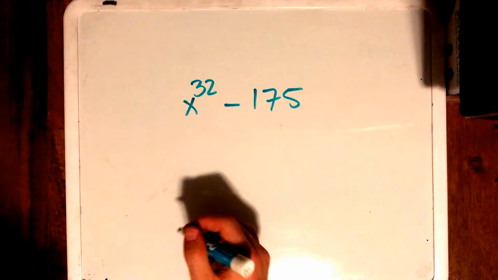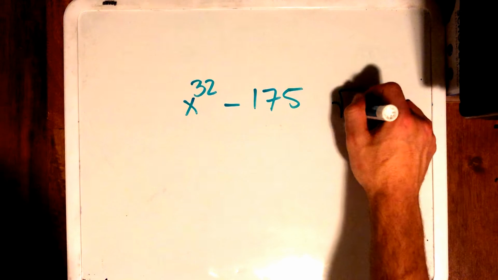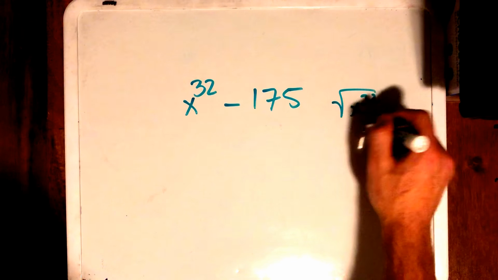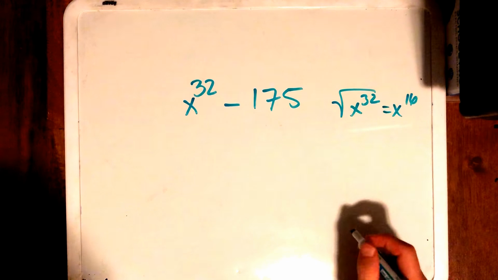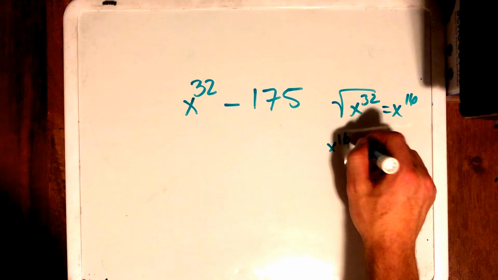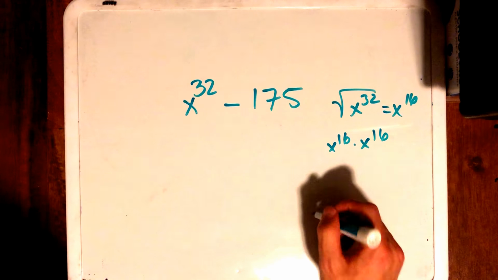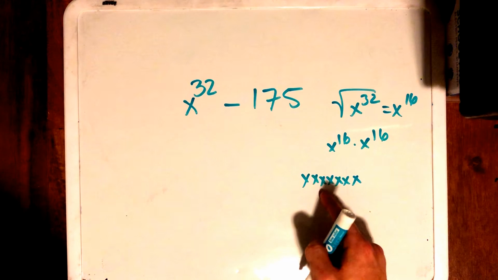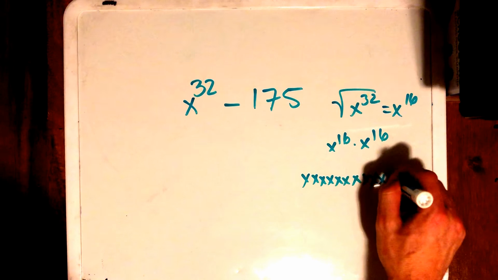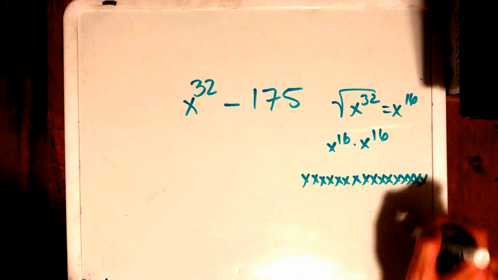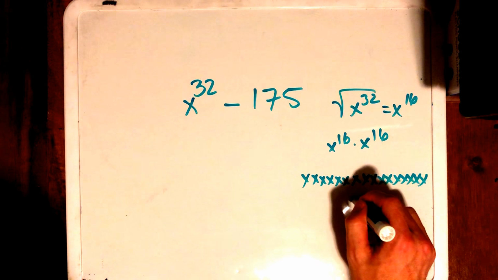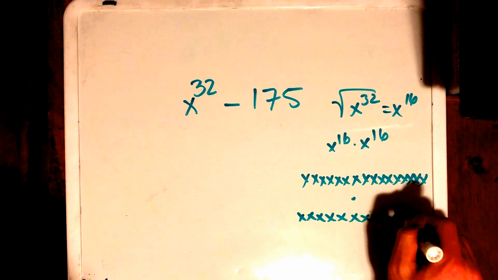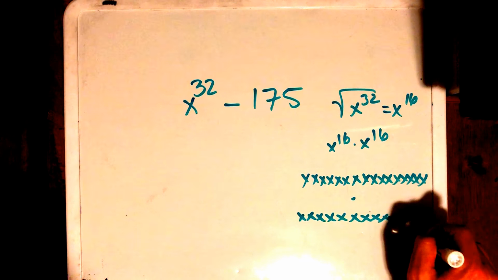Anyway, so the square root of our first term, x to the 32nd. The square root of x to the 32nd is x to the 16th. Again, that is because x to the 16th times x to the 16th. If I were to draw it all out, that's 16 x's, times another 16 x's.